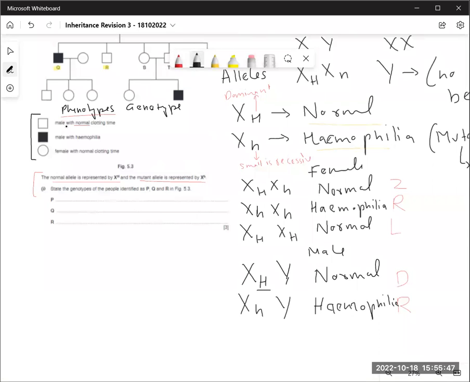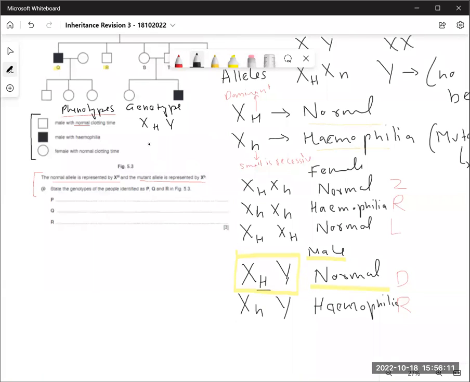If I look at the first question, they're telling us male with normal clotting time. So it must be this person, male and normal. That's the only possibility I have. So this is my genotype. Is that clear? Yes. Since male with normal, that's the only genotype. So I'll write over here X H and Y. Now, Diana, male with hemophilia.